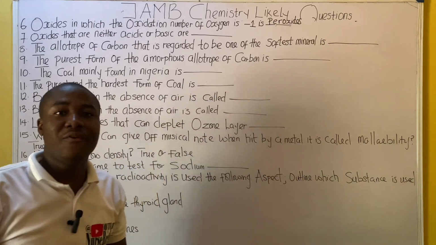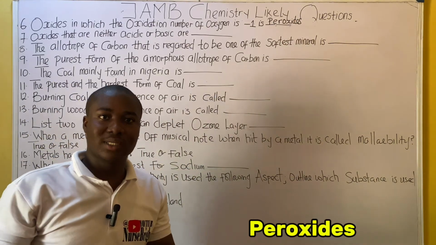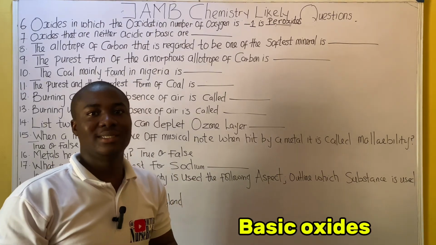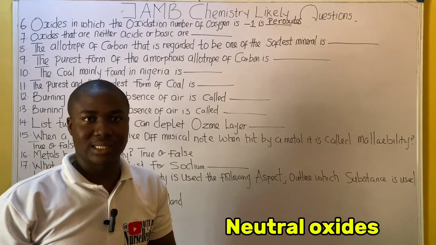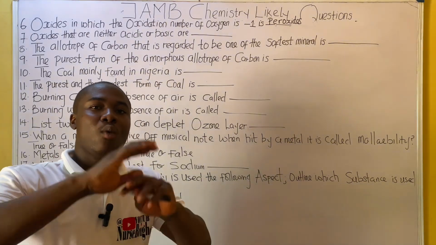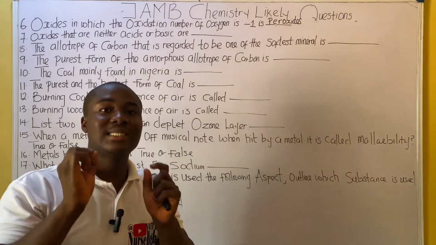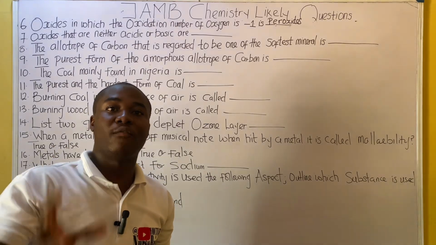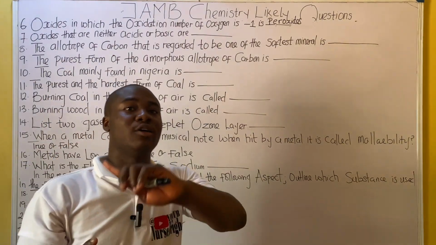You know, we have different types of oxides. We have peroxides, acidic oxides, basic oxides, and neutral oxides. Are you there? So what is an oxide all about? It's simply a type of compound that is made up of oxygen and another element.